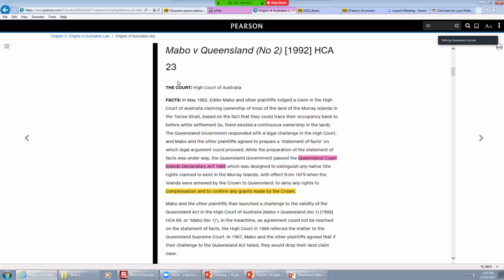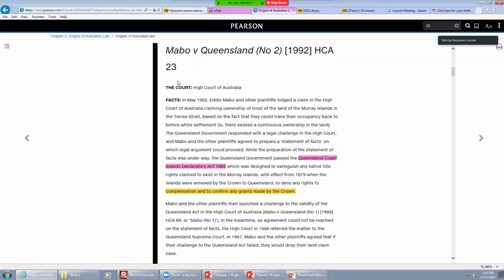This is in 1988, 6 years after Mabo started this motion. What was the subject of this Mabo number 1? Well, Mabo said, I'm going to challenge this act that the Queensland government passed.